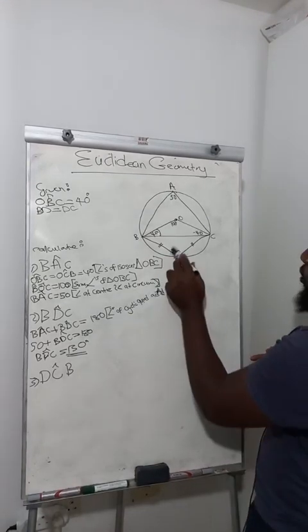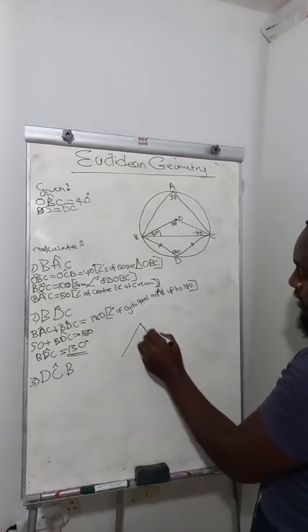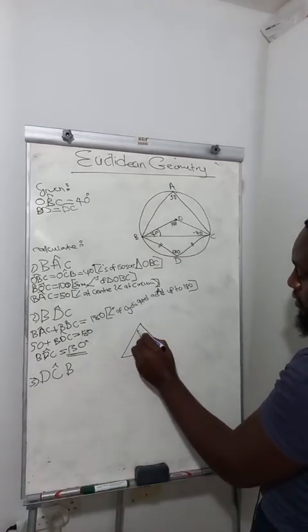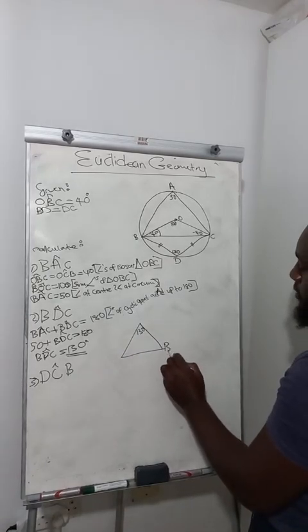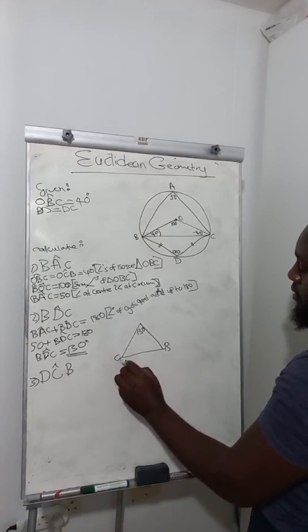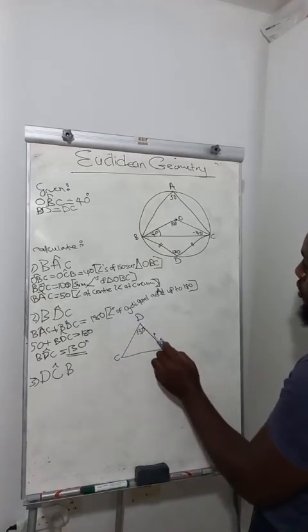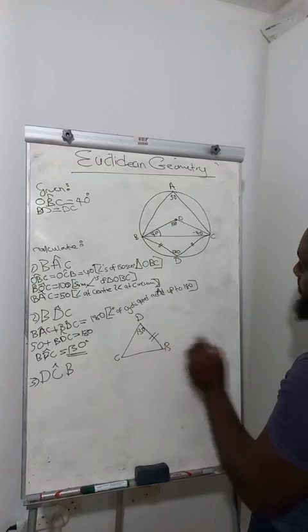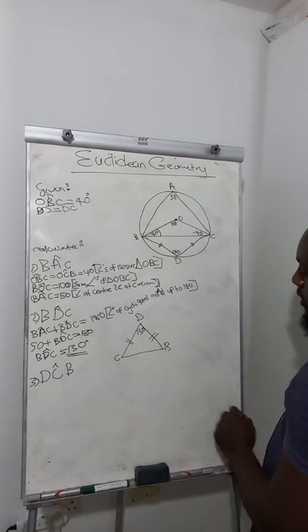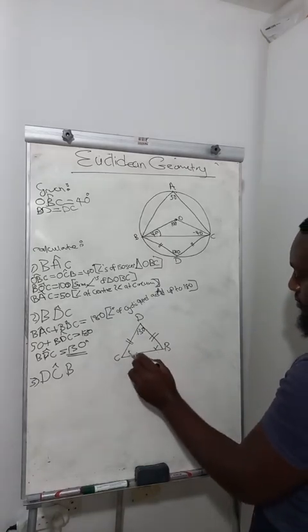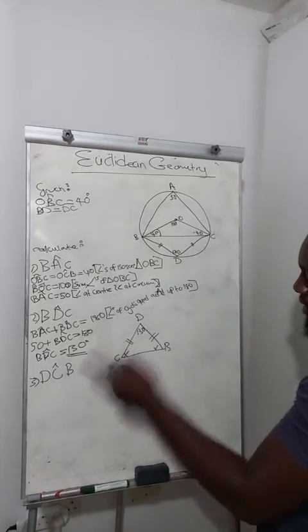If this is 130 here, the triangle itself is like this: this is 130, and this is B, this is C, and this is D. They've already told you that DB and DC are equal. So it means this here is also equal.